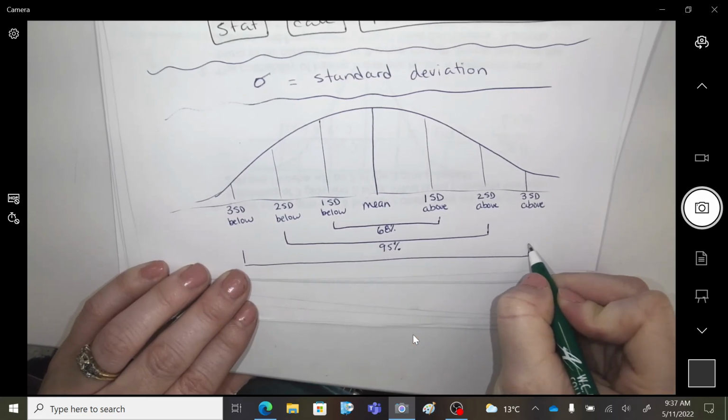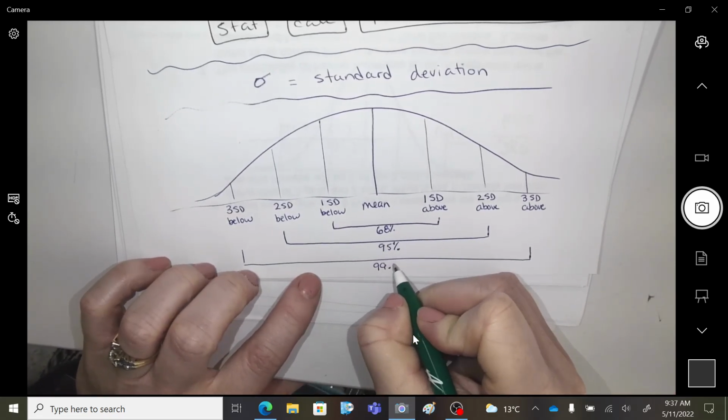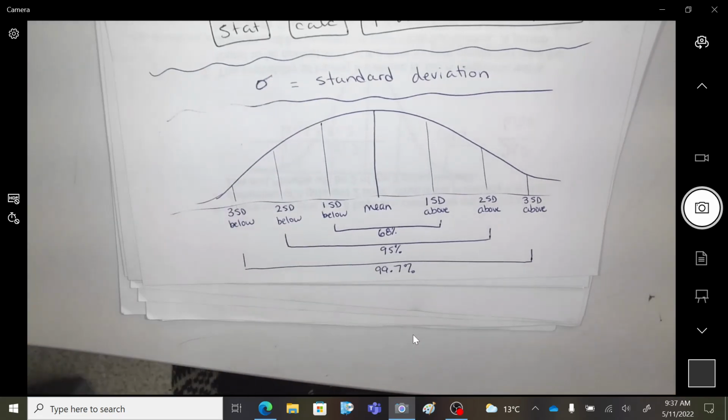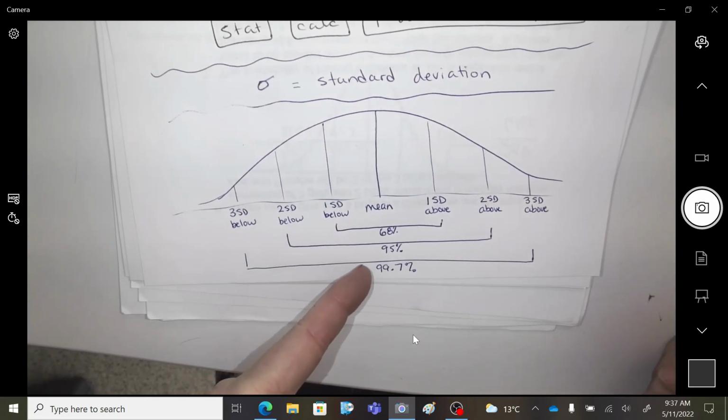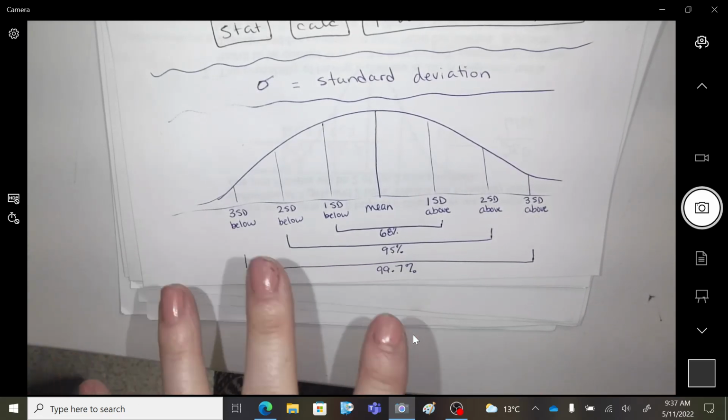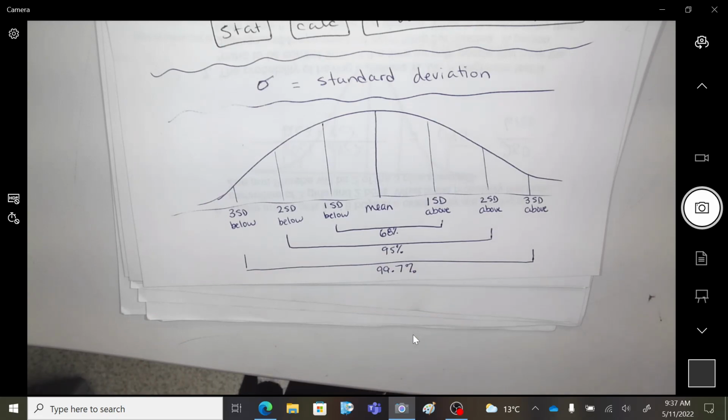And then 99.7% of my students scored in this interval. These 3 numbers, normally you'd have to memorize them, but they're on your sheet, or else you're not going to know those ones.